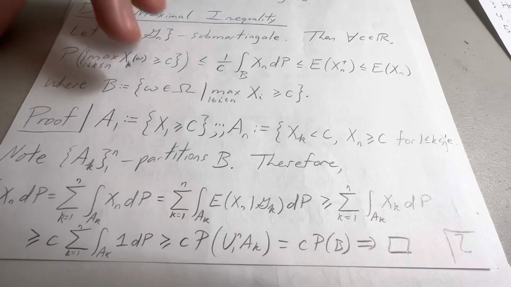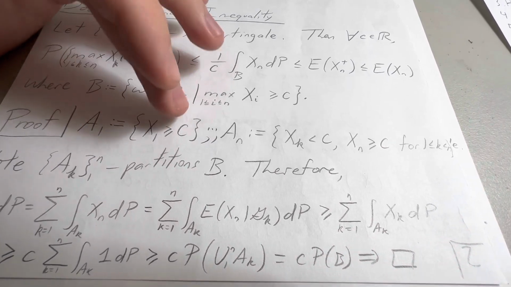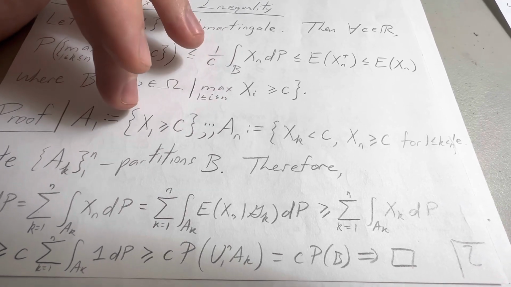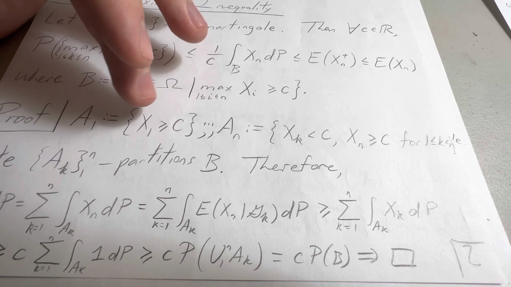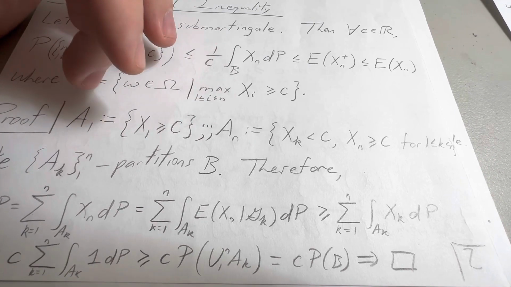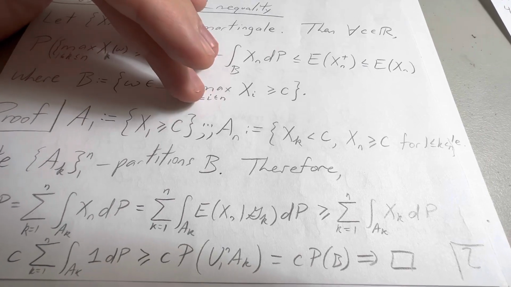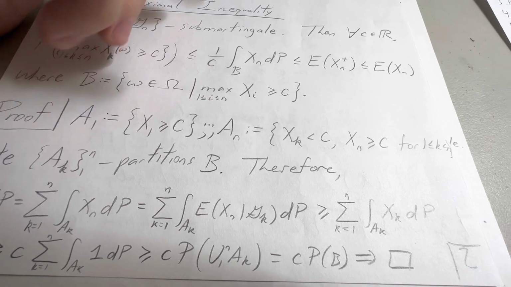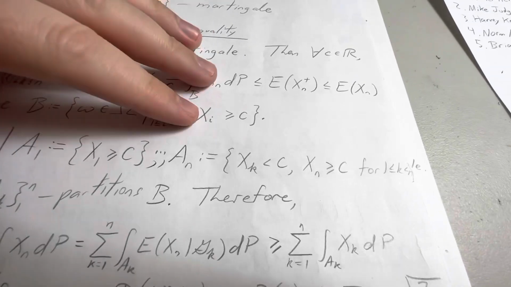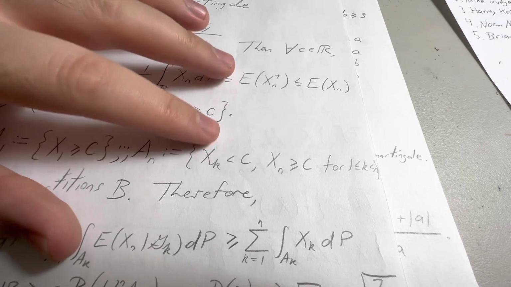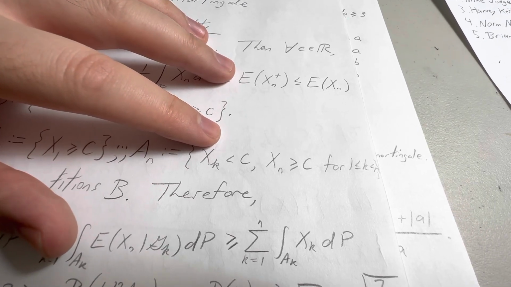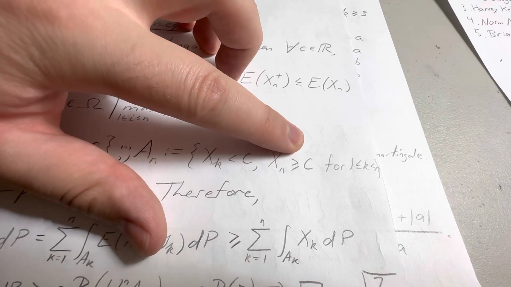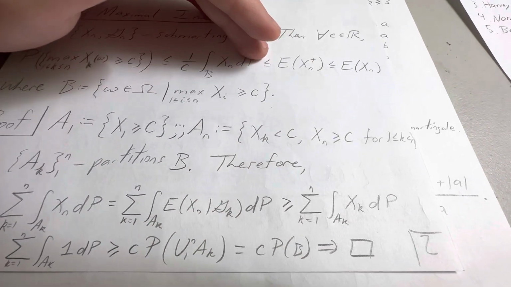You define A1 to be X1 bigger than or equal to c, and then you define A2 to be the set of all omega such that X1 is less than c and X2 is bigger than or equal to c, and then you just keep going up and up. So for An, you have Xk less than c for k between 1 and n-1, and at the nth random variable, you have greater than or equal to c. So you have this partition.